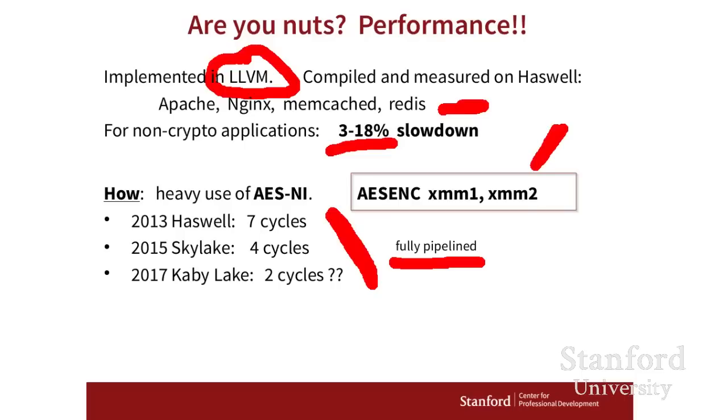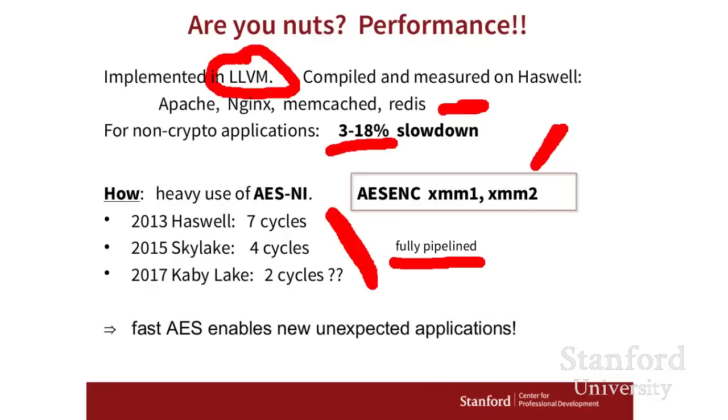This is quite remarkable, and because of these instructions, we're able to get our method to run at a reasonable rate. The fact that AES is available in hardware is great for crypto on the wire, but it's also great for securing applications, for example by providing strong control flow integrity. So these are the two projects I wanted to tell you about.